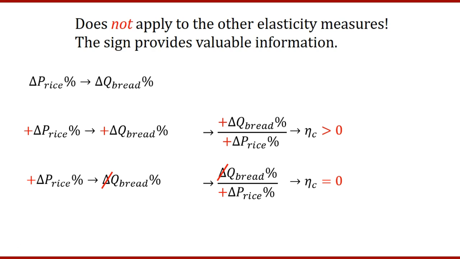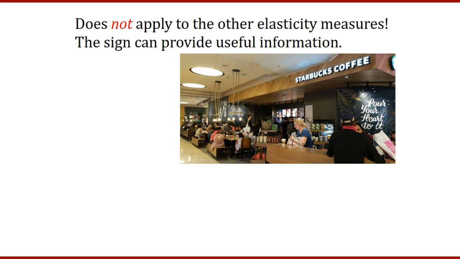They don't believe rice and bread are substitutes for each other. All right? But you wouldn't know that unless you go and check. And the sign, whether it's positive or neither positive nor negative, tells you about that relationship. So the sign is important.